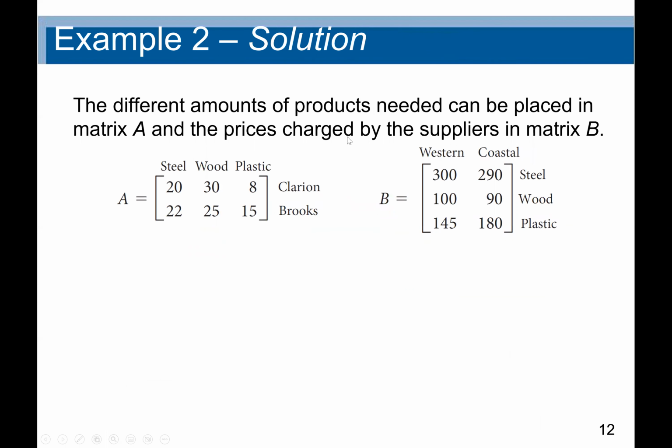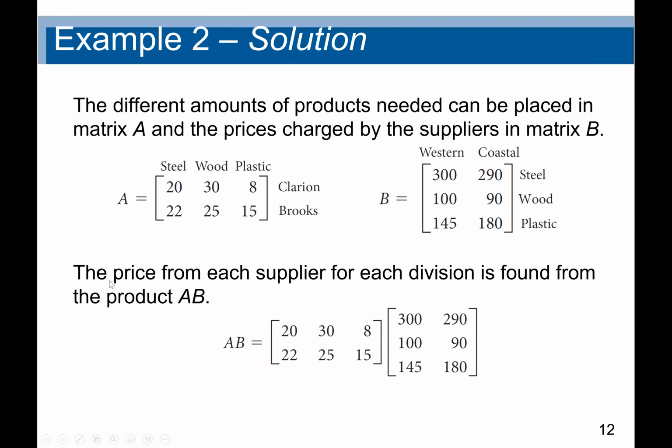So the different amounts of products needed can be placed in matrix A, and the prices charged by the supplier can be matrix B. So from our previous table, we saw steel, 20 and 22, wood, 30, 25, plastic, and then the Weston price is the first column, Costa is the second column.